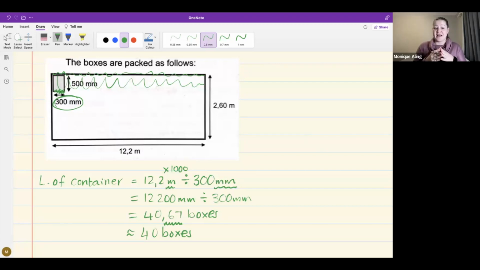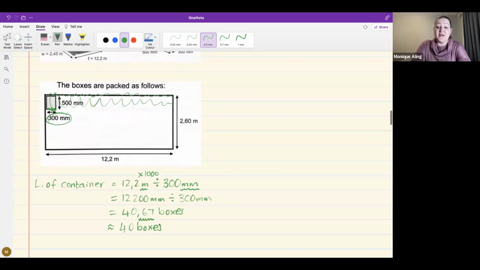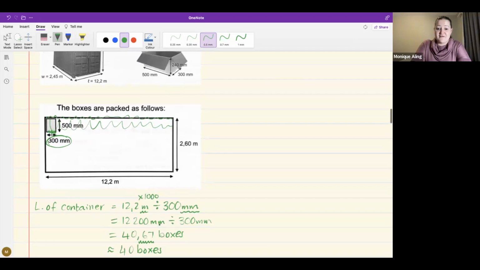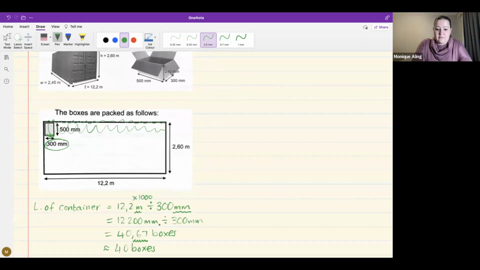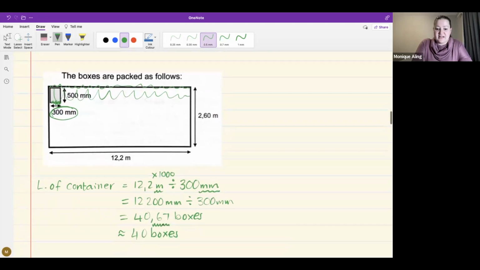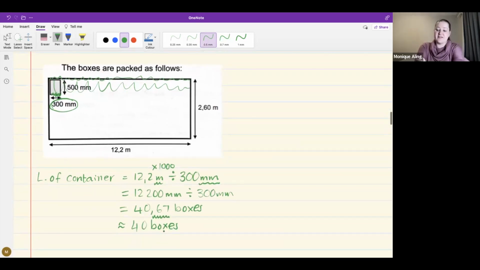Okay, so that's how many can fit along the length. I'm going to ask you guys to please work out how many fit along the width and how many fit along the height, please. So I'm just going to give you a couple of seconds to take a screenshot of the length if you need, and I'm going to go up to the question.